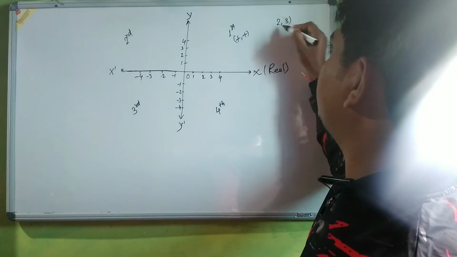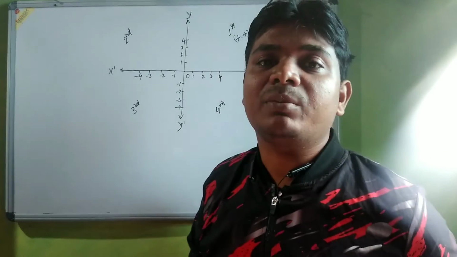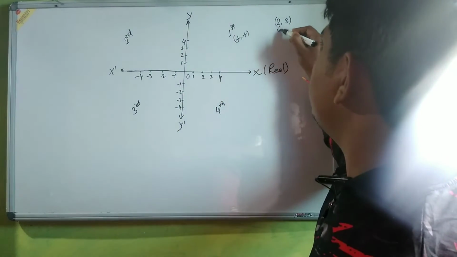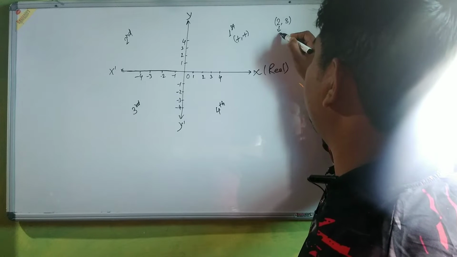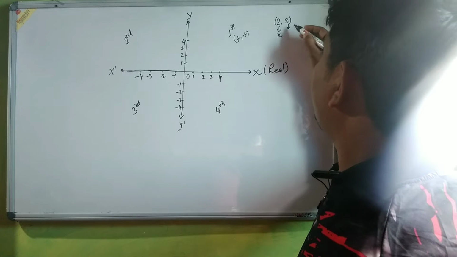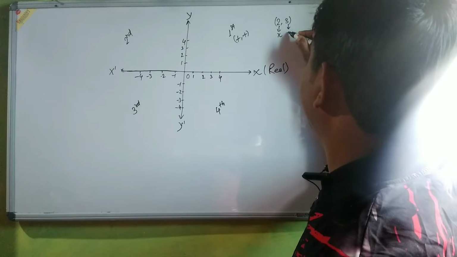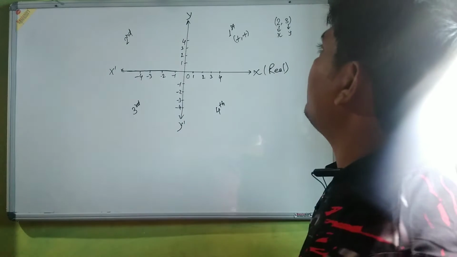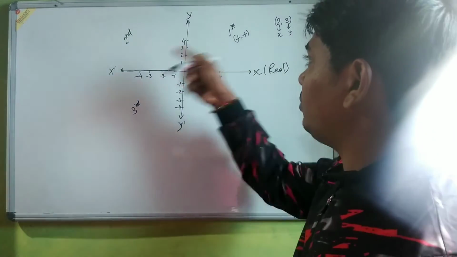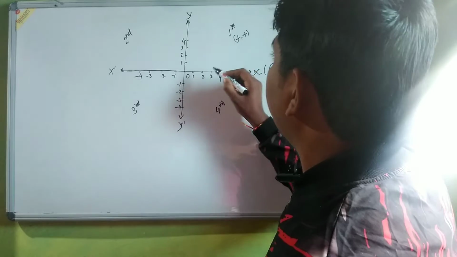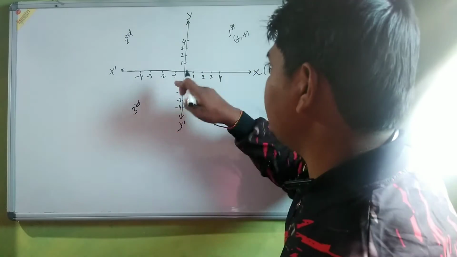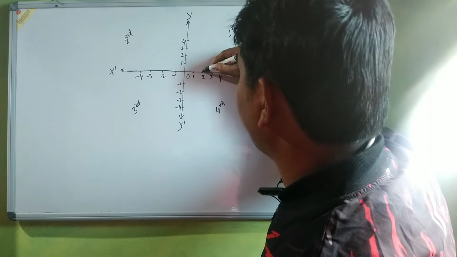By example, suppose we have the point (2, 3). This is a point in a plane where we have to find out where it lies. In (2, 3), 2 is the abscissa, which denotes x, and 3 is the ordinate, and it denotes y. If we want to locate (2, 3), where would it be? 2 means x. Here we have x on the x-axis, so we have to take 2 from here.